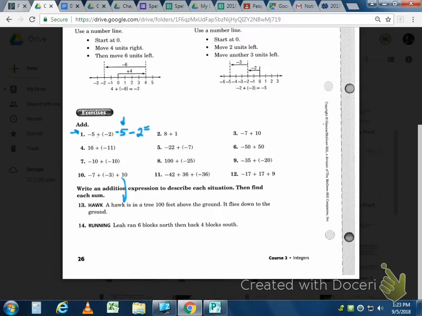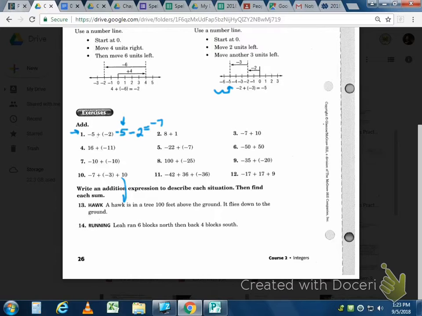Look at this. I'm right here. You see this number line over here? I'm at -5 and I'm losing 2 more. What is it? -7. When you're on a number line, if you gain, you're moving right. If you lose, you're moving left.